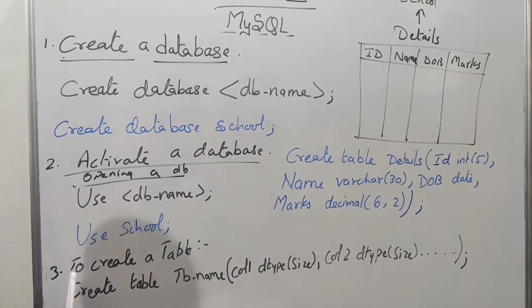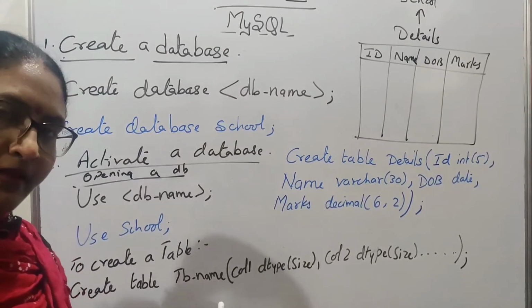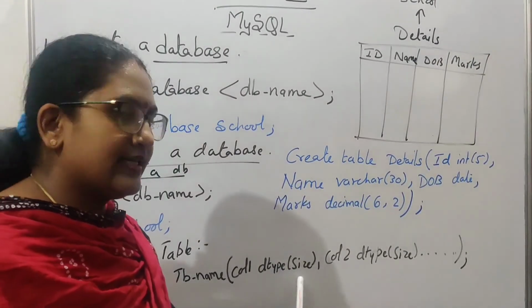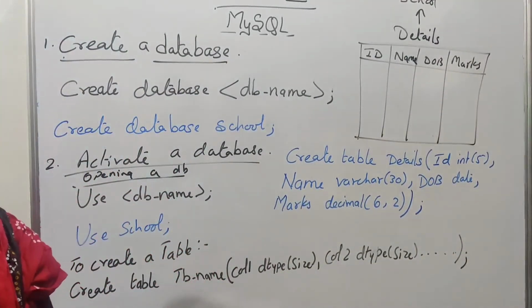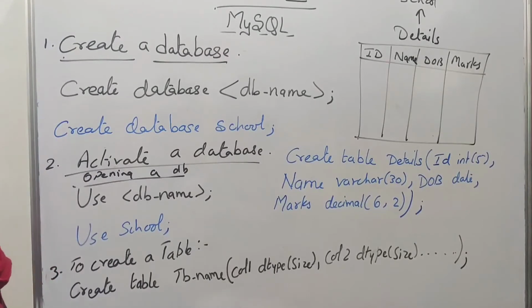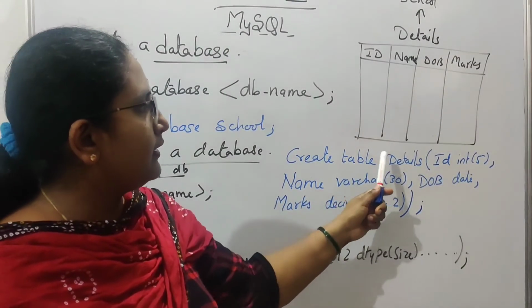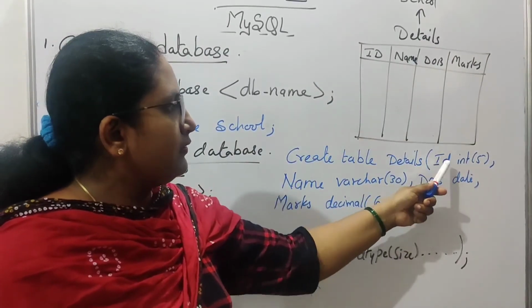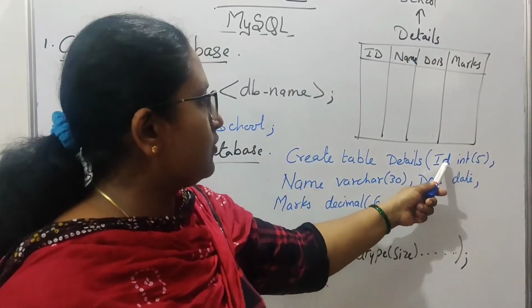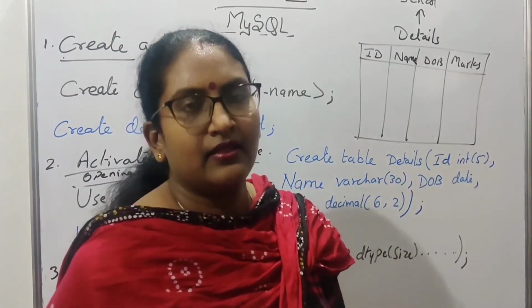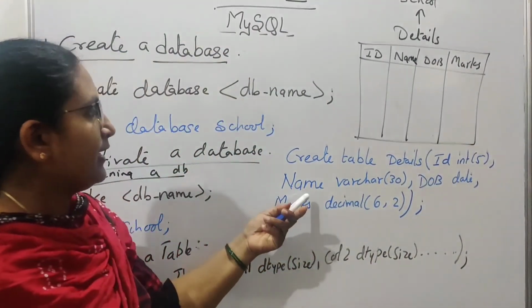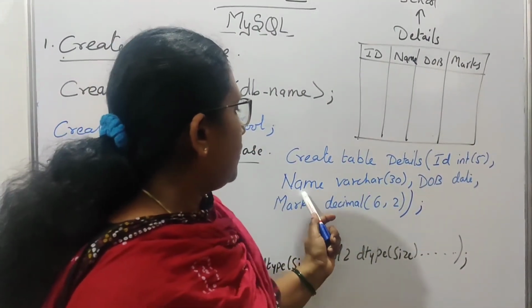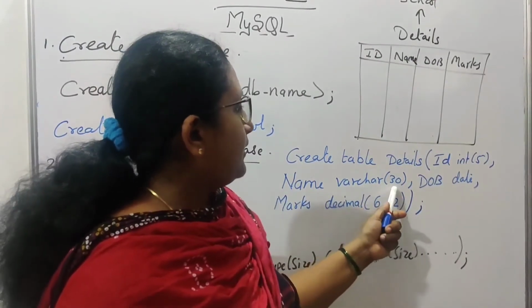Now we have to create a table: create table name, then column 1 data type size, comma, column 2 data type size, and in the same way it goes on. Example: create table details. ID we have taken as int, an integer value, and 5 is the size, the memory space for each row. Next is name, varchar 30. Name is the column name, then the data type, and then the size.